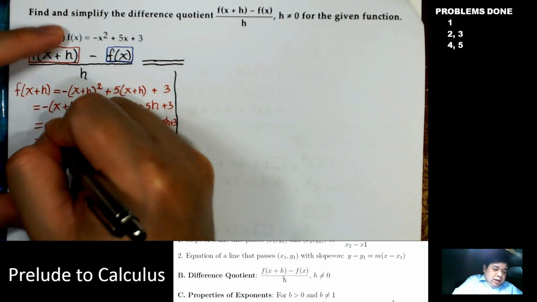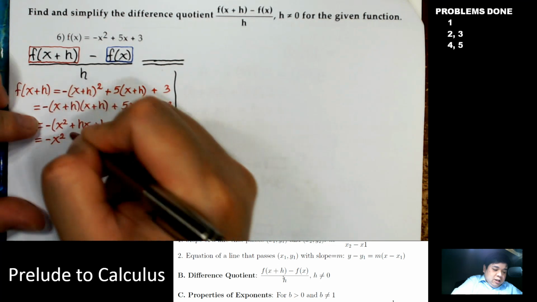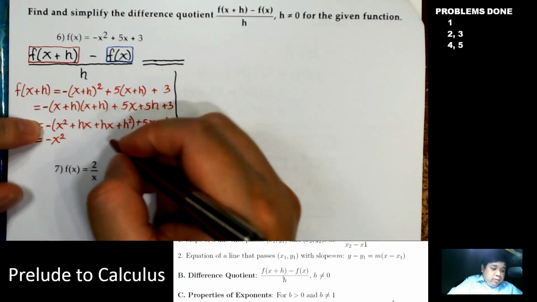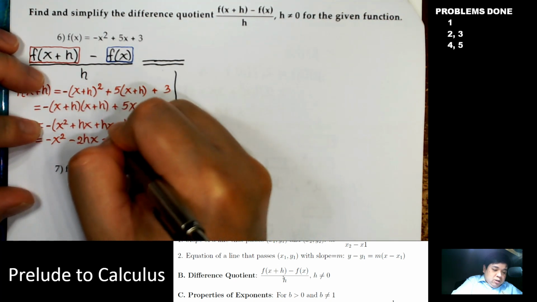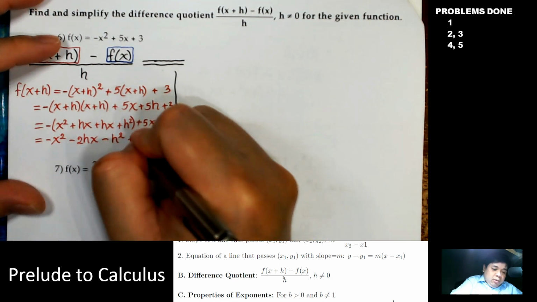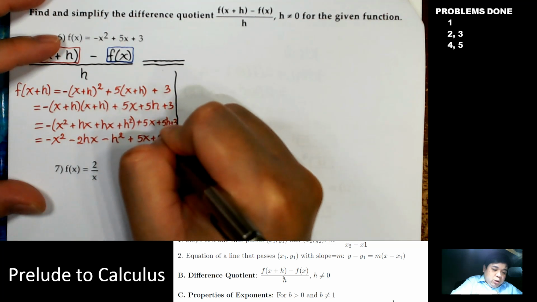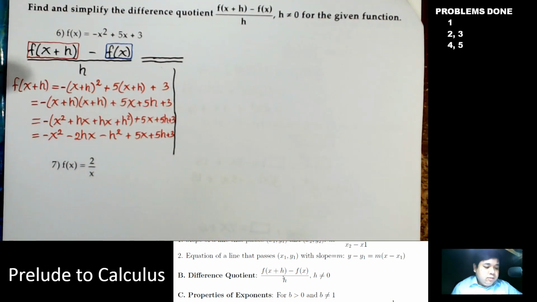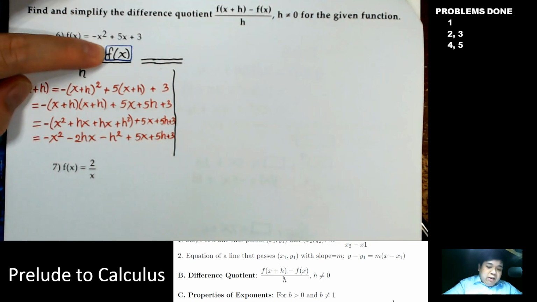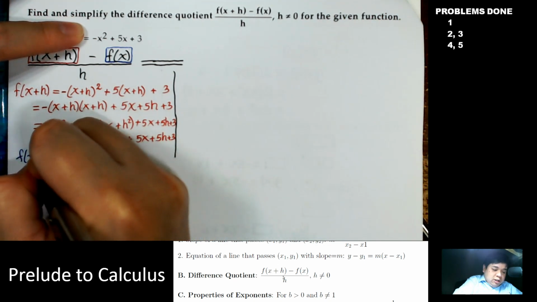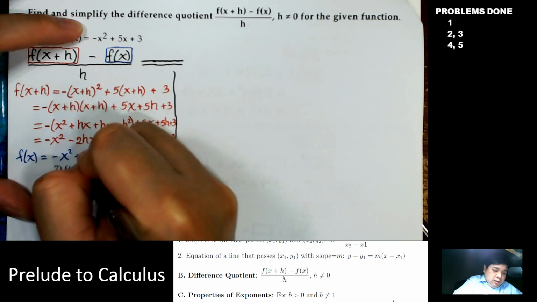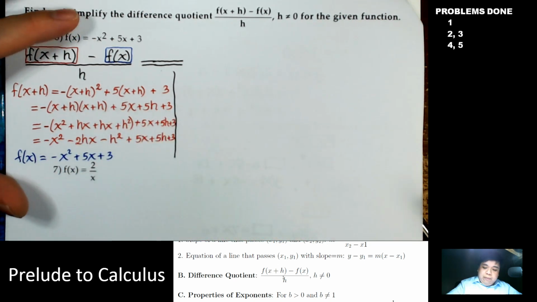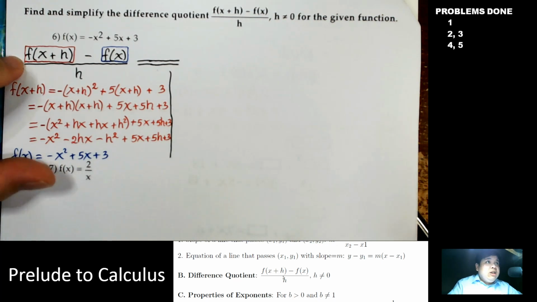And finally, negative x squared, hx, that will be 2 of them, but with the minus. Minus h squared plus 5x plus 5h plus 3. Right. And then f of x is just the original function. Now we put into this formula.